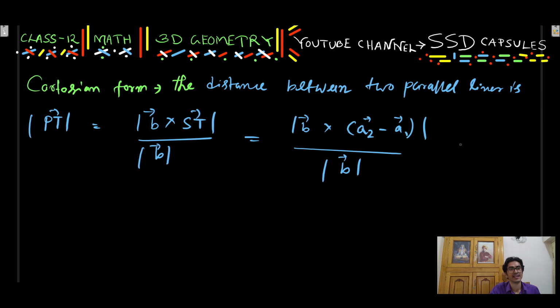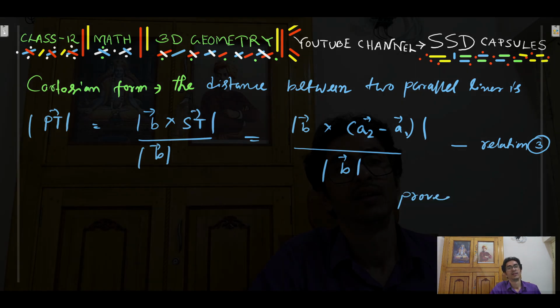So this is relation 3. So the distance between the two parallel lines is this. So we have proved the theorem.